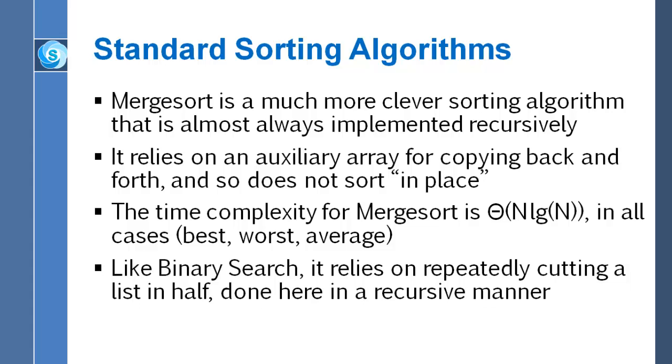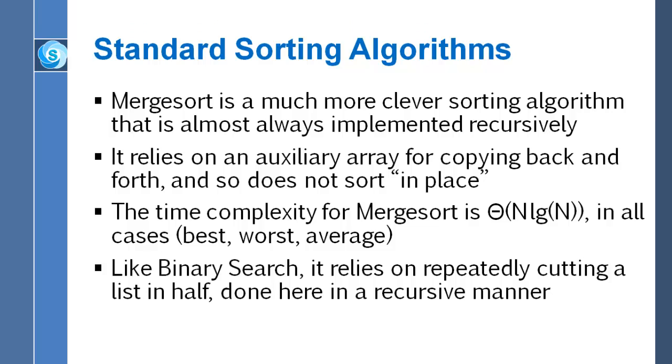Hoping that you remember binary search, it's similar to binary search in one respect, namely, it takes a list or an array and chops it in half, and then attacks. In the case of binary search, you just look at one of the two halves and ignore the other half. The difference here is with merge sort, you have to actually process both halves, and we'll do that recursively.